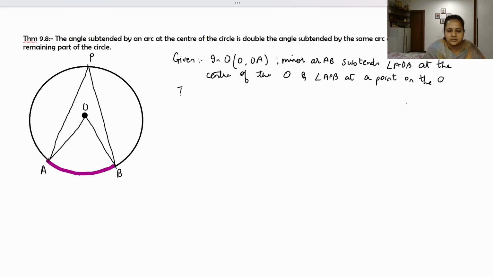What do we want to prove? We want to prove that angle AOB is twice, or double, the angle APB.